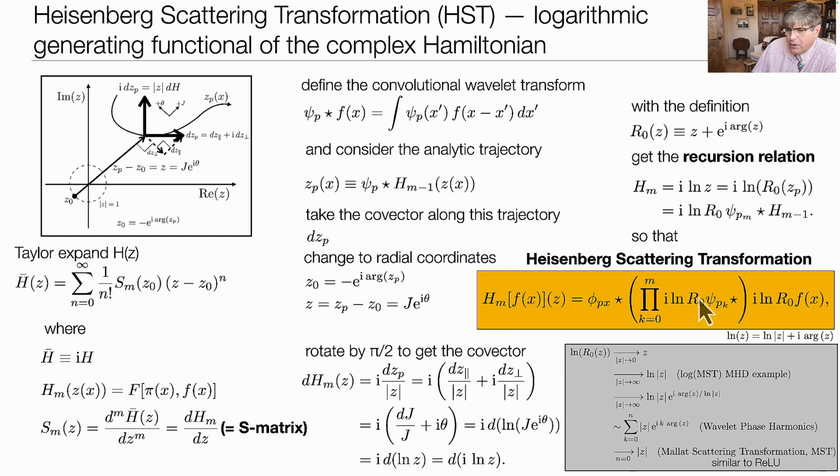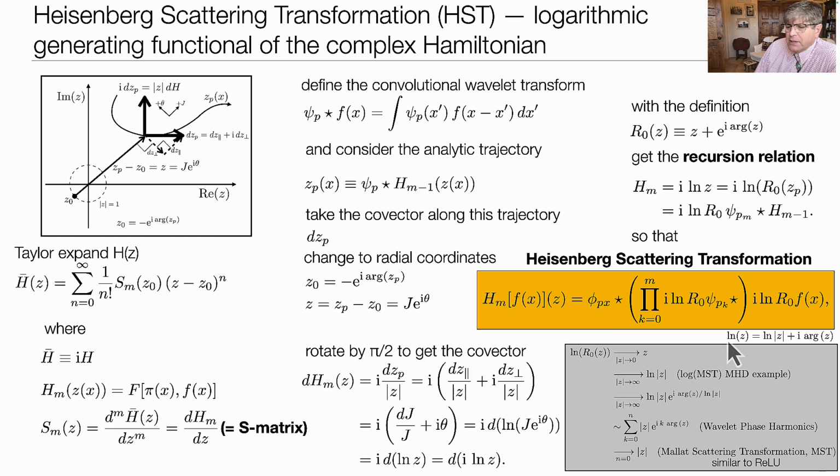You can now note that this has the form of a deep convolutional network, where here is the convolution. The depths and the layers are generated by the product. The activation function is now i log R naught, with a final pooling operation, which is a convolution with the father wavelet.